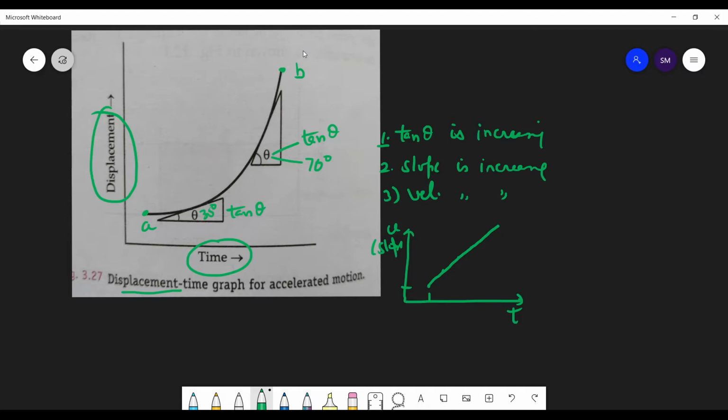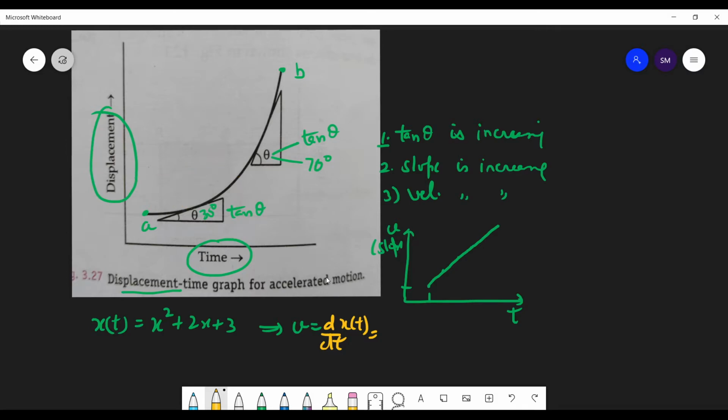See, that's the point here. I discussed with you yesterday also: if x is equal to t square plus 2t plus 3, then v is equal to dx by dt. I told you this displacement depends on time, because the displacement is changing.